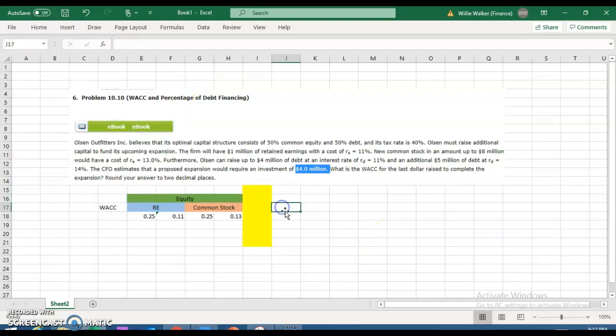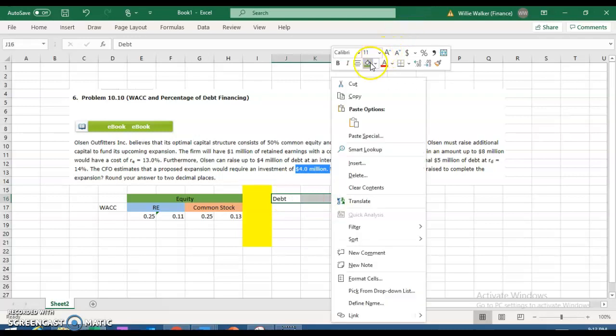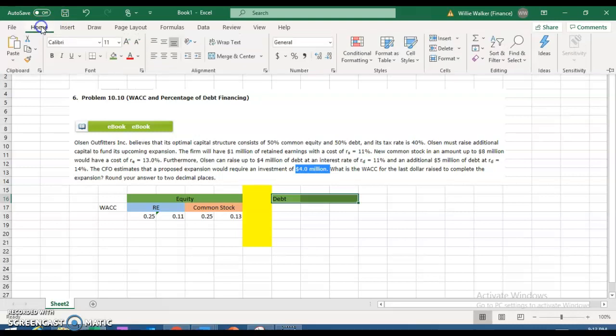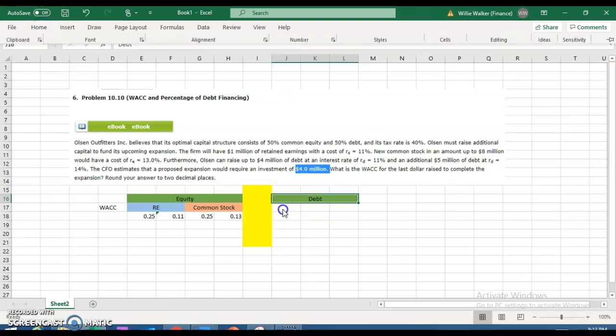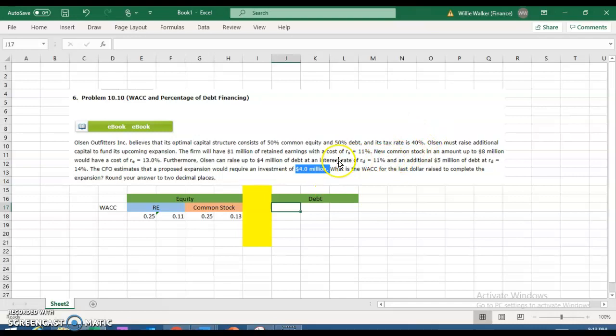So now we have our debt. That's going to compose our other 50%, right? That's going to give us another 2 million. So for debt, Olsen Inc. can raise up to $4 million at 11%.